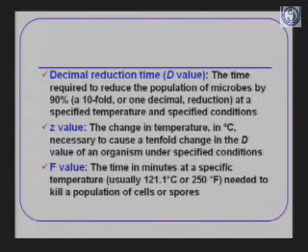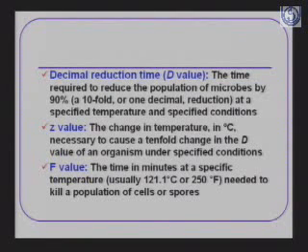D value is the time required to reduce the population of microbes by 90%, that is 10-fold reduction, at a specified temperature and under specified conditions. Z value is the change in temperature in degree centigrade or degree Fahrenheit necessary to cause a 10-fold change in the D value of an organism under specified conditions.